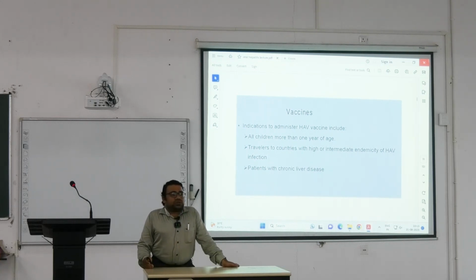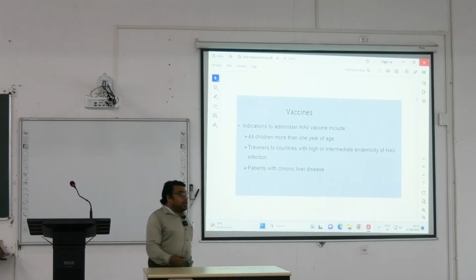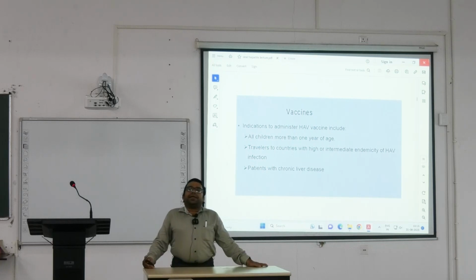So, any person who is traveling to India should ideally get vaccinated. And people who are living with chronic liver ailments. Why? Because the same infection may be mildly symptomatic or asymptomatic in other patients, but in a person who has already compromised liver function, it may result in fulminant hepatitis.